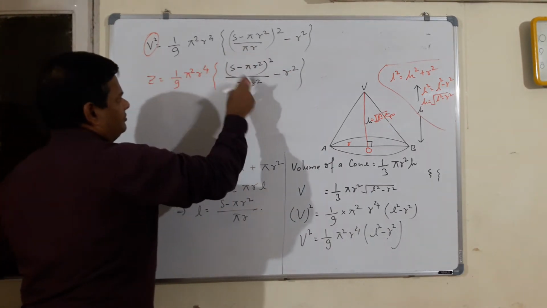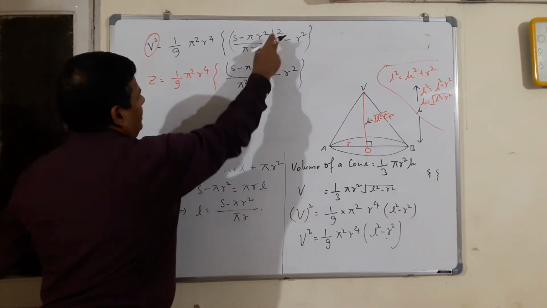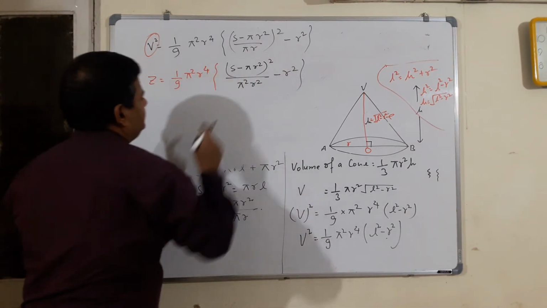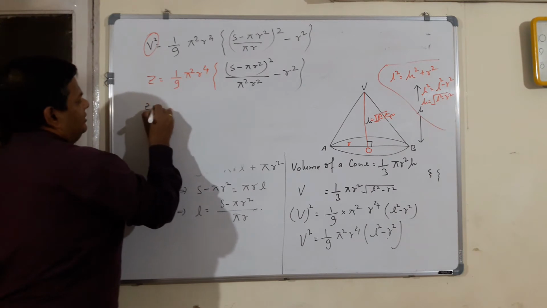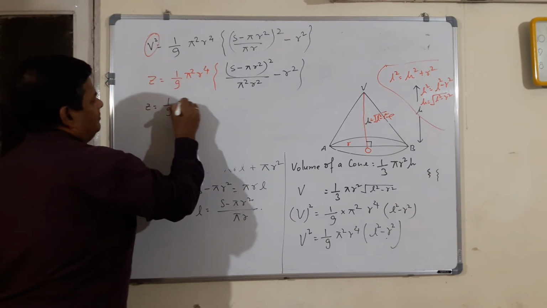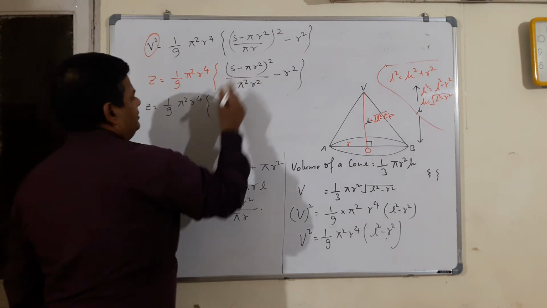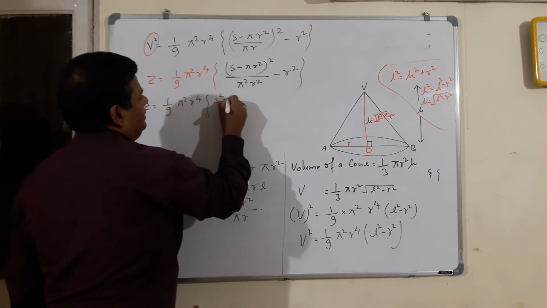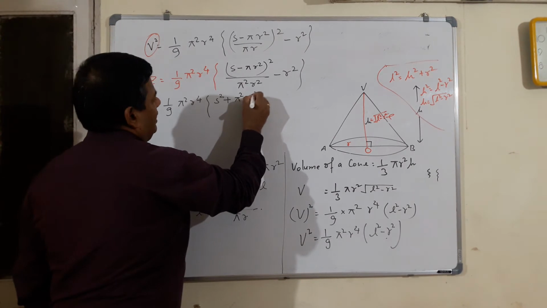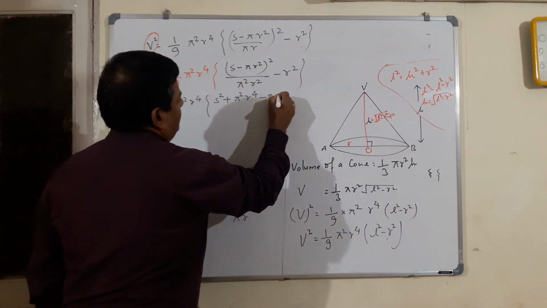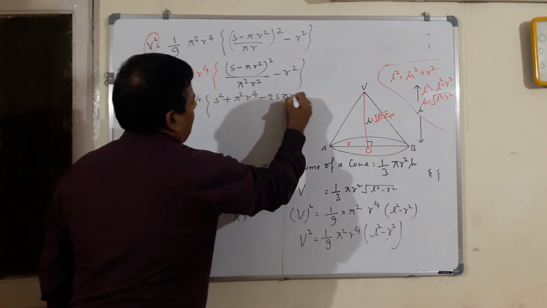Now expand this: S square plus pi square r raised to the power 4 minus 2 S pi r square.